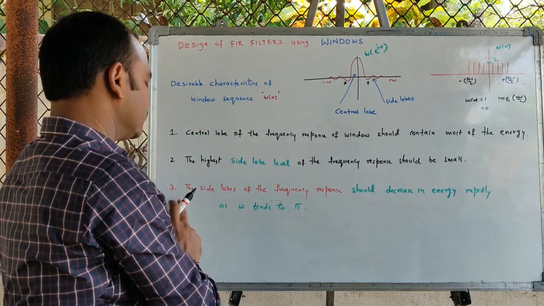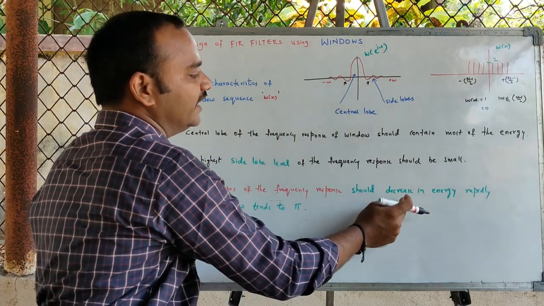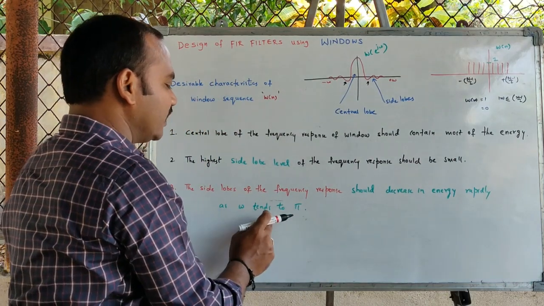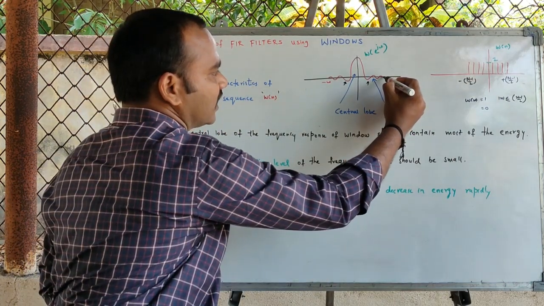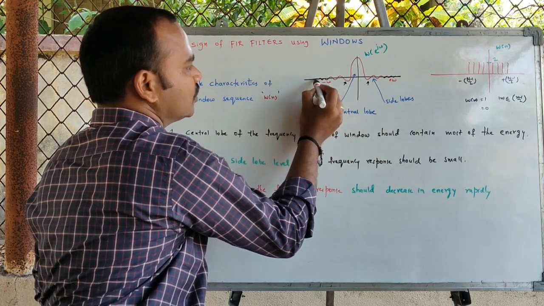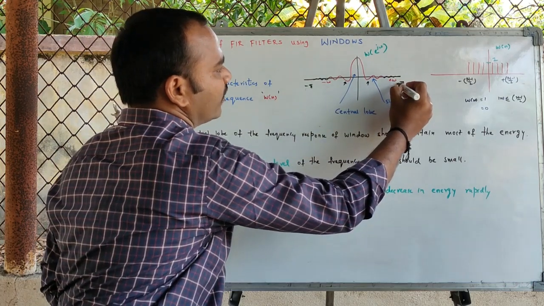The third point is the side lobes of the frequency response should decrease in energy rapidly as omega tends to pi. That is, these are the side lobes. Their energy should slowly diminish to 0 as omega tends to minus pi or as omega tends to plus pi.